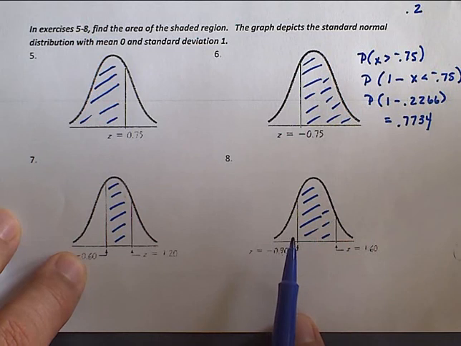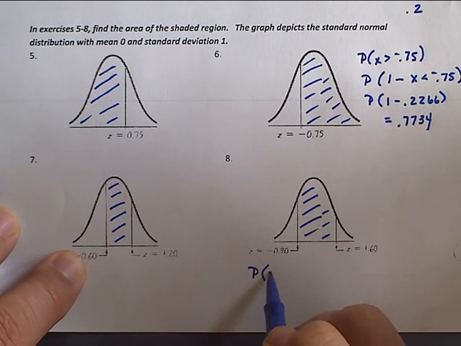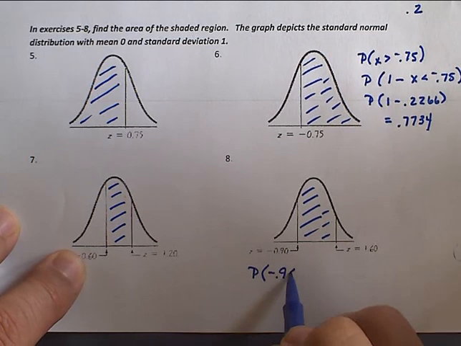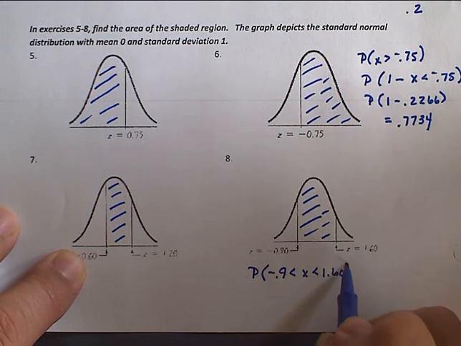So to take off this part over here that I don't want, I'm going to use a subtraction. First of all, the probability that x is between negative 0.9 and 1.6, this is what the equation looks like.